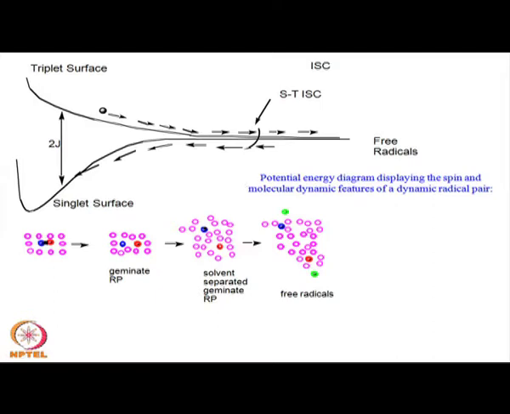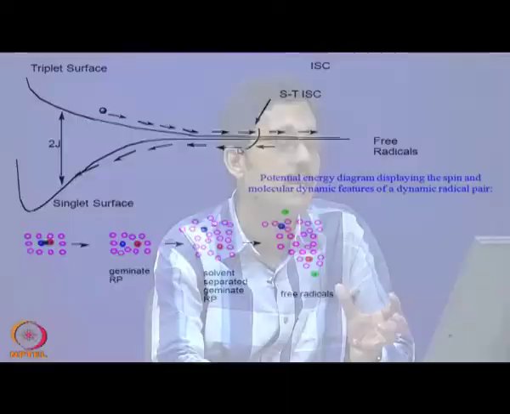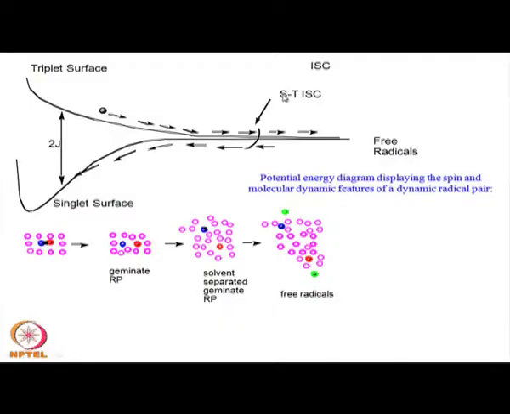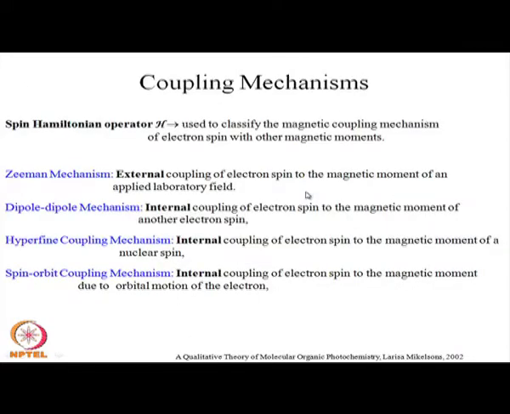So, this is something very interesting, and you see that here, unlike your molecular energy level, there is a chance of singlet to triplet transition, and as a result of this spin evolution, that is, from the triplet surface while it is moving to the singlet surface, there is a spin evolution. There are various mechanisms by which the singlet to triplet ISC may occur, which I have already described.